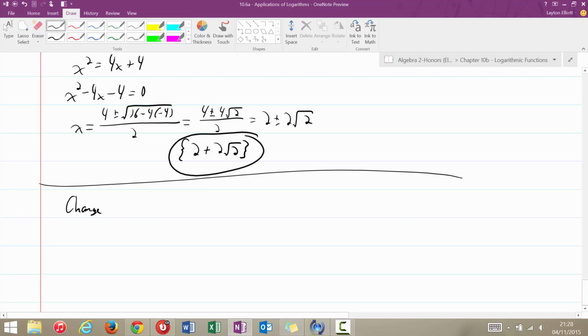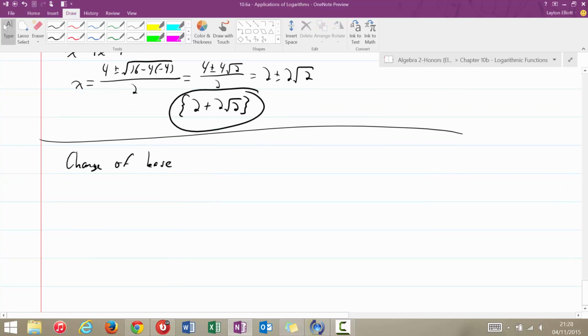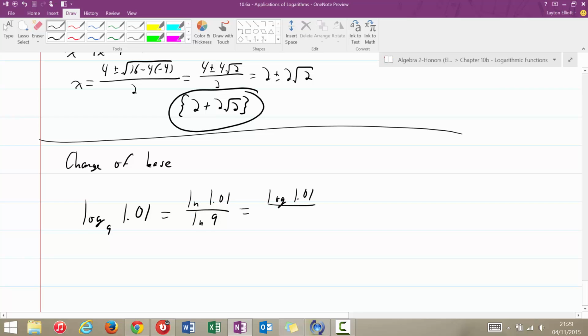We've done it up above, but just to give you one little refresher, if I do the log base 9 of 1.01 and ask you to find that on your calculator when it's in testing mode, you will have to either type in the ln of 1.01 over the ln of 9, or you'll type the log of 1.01 over the log of 9. Any one of those will do.